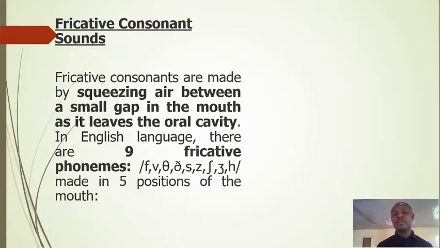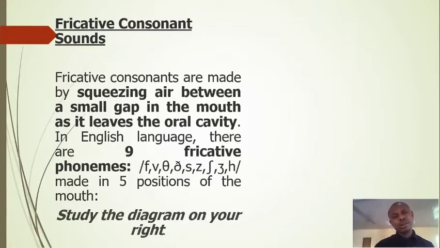There are just 9 of them, as you can see on the screen. These are the 9 fricatives in the English language, and they are made in 5 positions of the mouth.